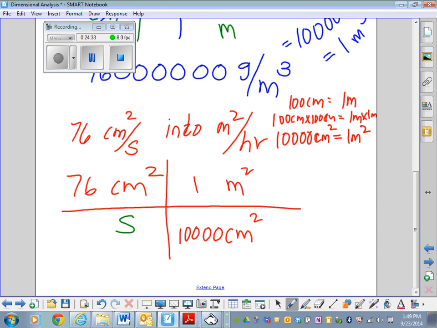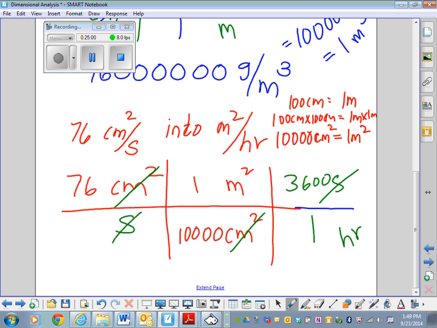Did we get the conversion factor? So I'll say 1 followed by 1, 2, 3, 4 is 1 meter squared. Everybody with me? So I'm now in meter squared. And now what do I have to take care of? I have to get out of seconds, and I have to go to hours. Seconds and hours. What is the conversion factor?